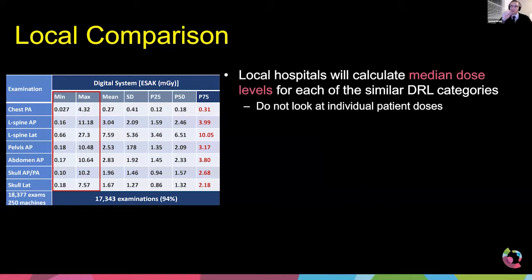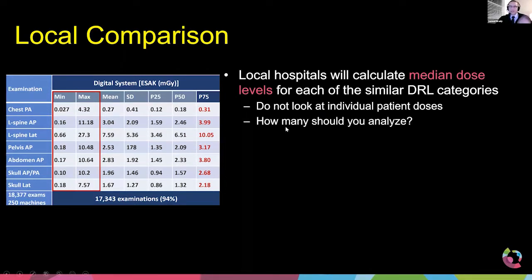So it's not, once again, the radiologist in the reading room looking at each patient as they are read and then comparing each patient's data to the DRL. But instead, what they're doing is they're taking a population of data, summarizing it, creating one value, a median, and that median value then is compared to the national DRL.